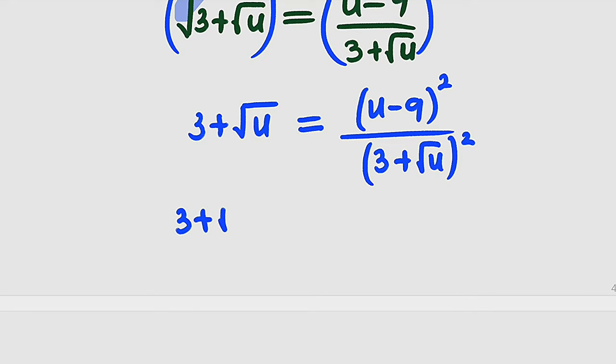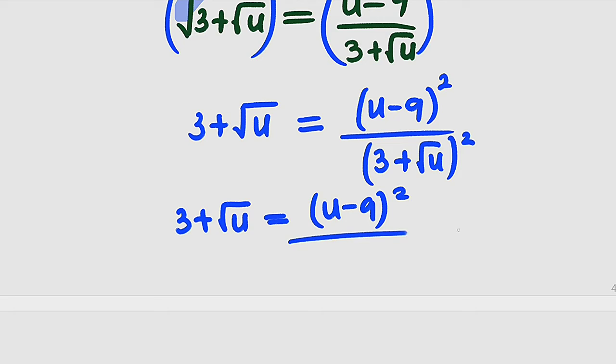3 plus square root of u is equal to u minus 9 whole squared divided by, I would like to expand this one first. First term squared, 3 squared is 9, plus 2 times 3 is 6, times this will be 6 root u, then plus square root of u squared, that will give us u, right?